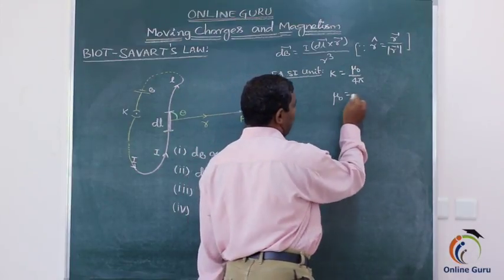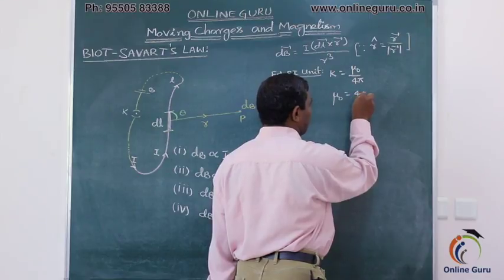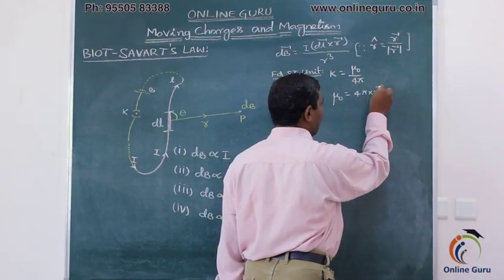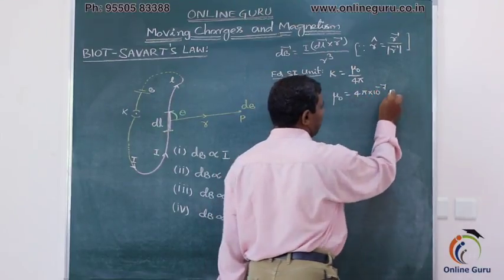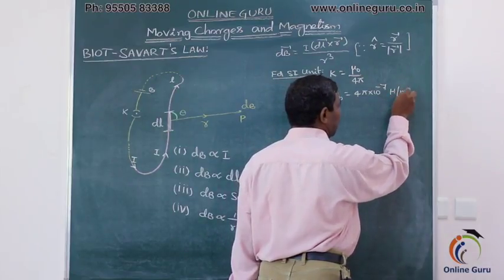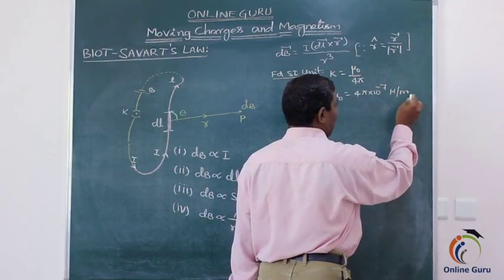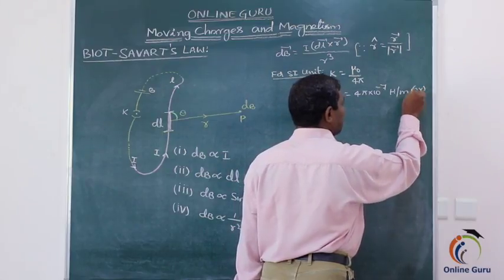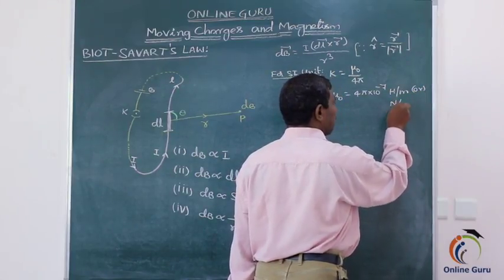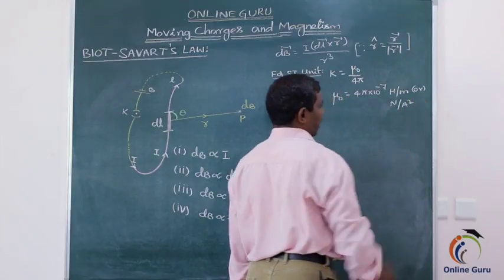field. The value of mu naught is 4 pi into 10 to the power of minus 7 Henry per meter, or Newton per ampere square.